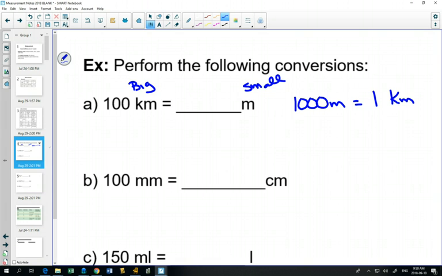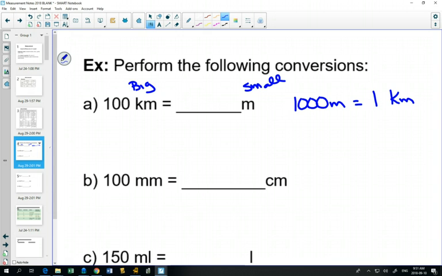And you want to find out how many meter sticks would equal 100 of these kilometer sticks when you lay them down. Just visualizing it, can you see that you would need a lot more meter sticks than kilometer sticks? So when you're converting from big to small, you realize I need a lot more of these.